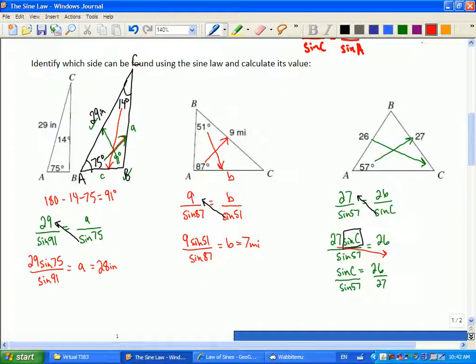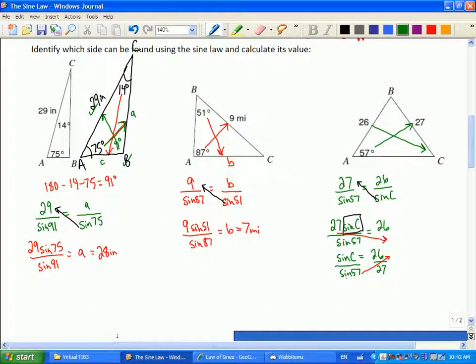And then finally, the last piece I have to move is from the bottom up, so sine of 57. So the last piece I'll have is sine of C is 26 over 27 times the sine of 57.